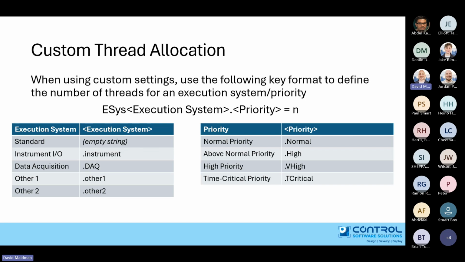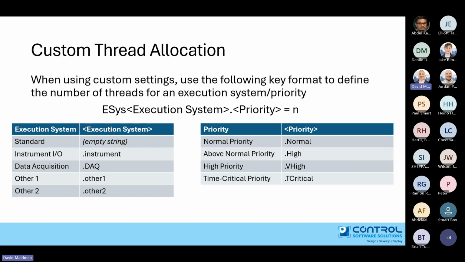If we define in the ini file the value of -1 to say we're going to have custom settings, we can then tell LabVIEW what we want for each of those pools, basically how many threads we want to apply. And we've got a little naming convention here.